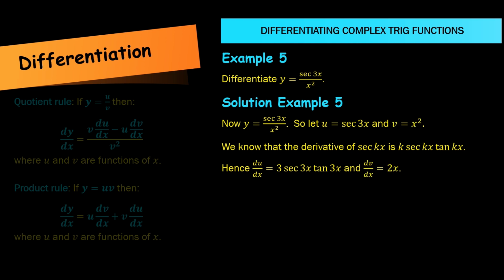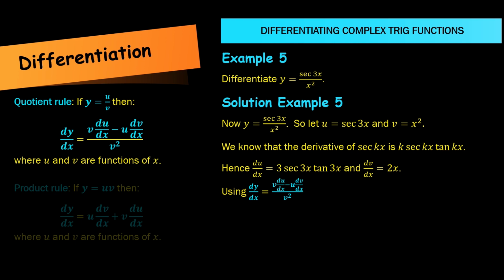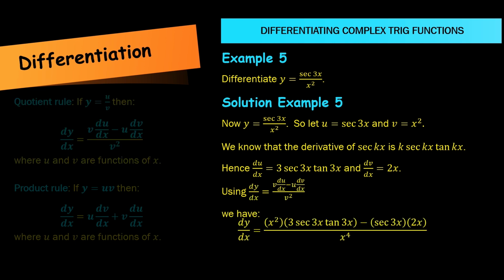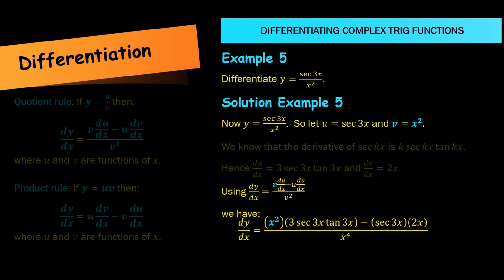And so applying the quotient rule gives us that dy/dx is equal to x squared times 3 sec 3x tan 3x minus sec 3x times 2x, all over x to the power 4.